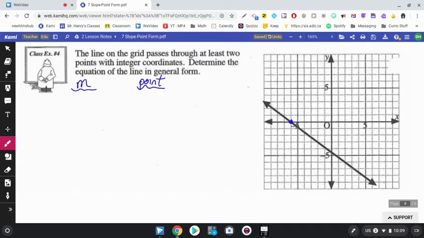This looks like one. That is the point -6, 0. And where's another one? Maybe right here, which would be -2, -3. Those look like pretty good points, right?